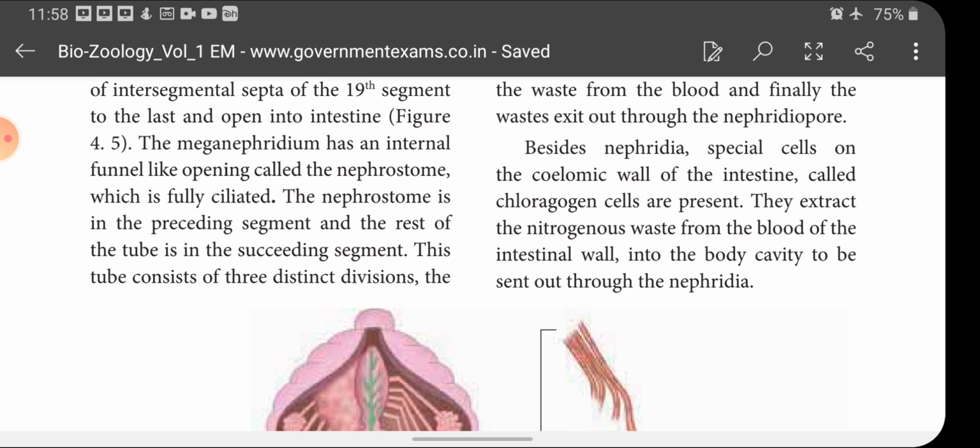Apart from the nephridia, some special cells are also seen in the body of earthworm, present in the coelomic wall of the intestine, and the name of the cell is chloragogen cells. They extract the nitrogenous waste from the blood of the intestinal wall into the body cavity to be sent out through the nephridia.